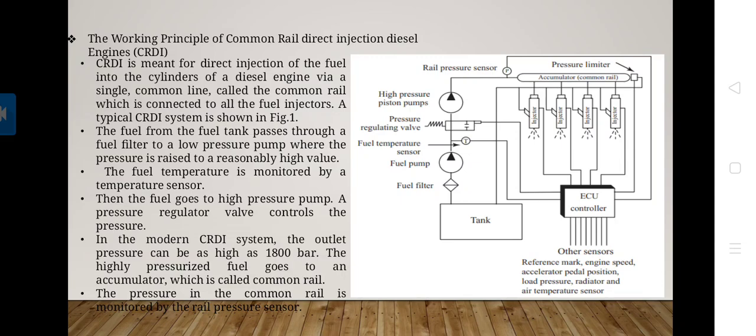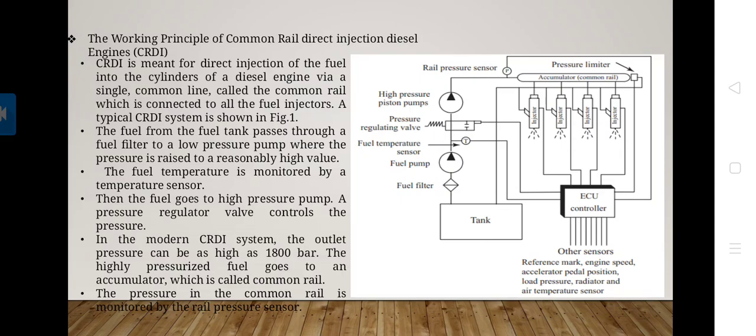But in CRDI engines, the pressure is built up independently of the injection sequence and is available constantly in the fuel line. This CRDI system uses appropriate sensors to provide real-time combustion data for each cylinder.